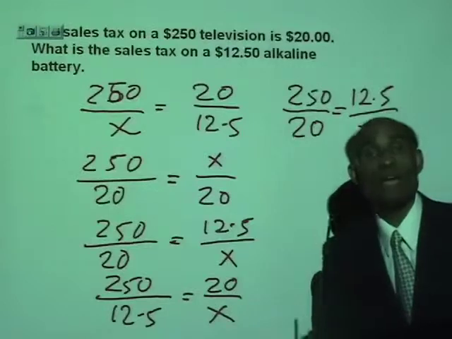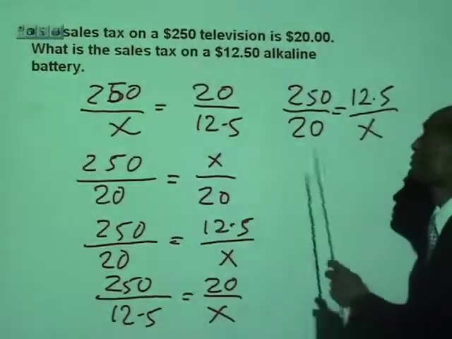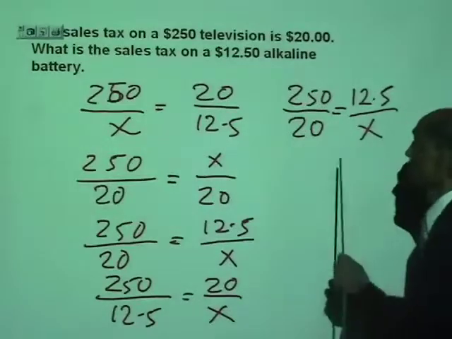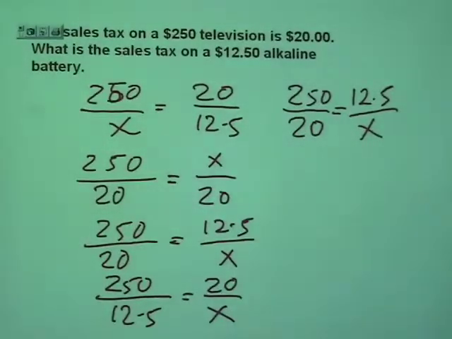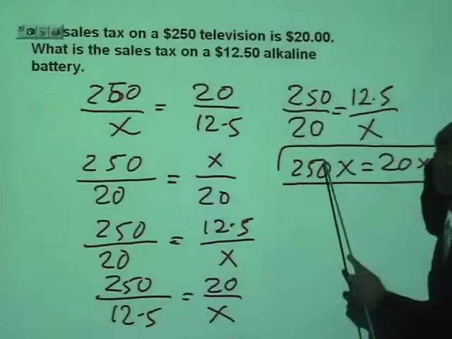Now, suppose you did not see any of the given ones the same as this. Is there a way to look for it? What you need to do is, you do the cross product. In this case, the cross product here is 250 times X equal to 20 multiplied by 12.5. Now, this is the cross product for the correct proportion.